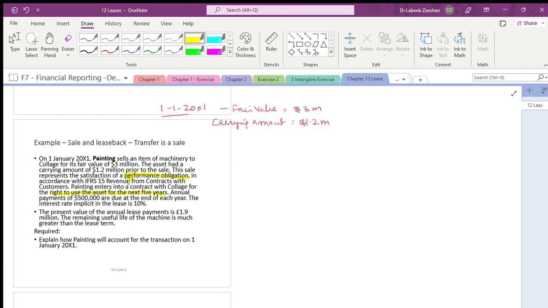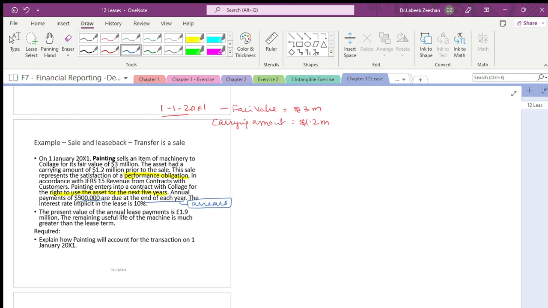So painting is selling the asset to the college, but they enter a contract to use the asset for the next 5 years. Annual payments are 500,000 at the end of each year, which is called arrears.